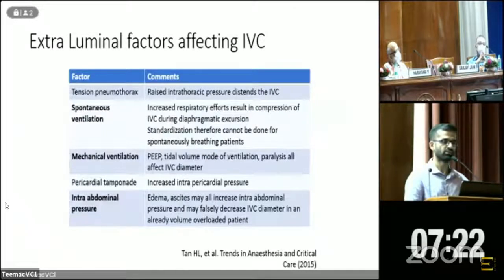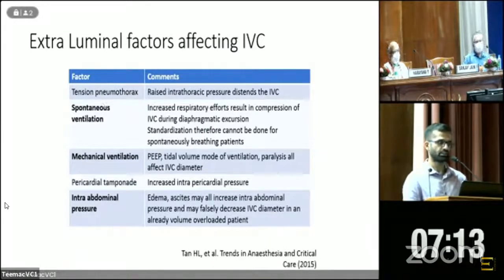And extraluminal factors. The most important among the extraluminal factors is the status of the thoracic cavity. A tension pneumothorax would increase the intrathoracic pressure and falsely distend the IVC. The status of ventilation, be it mechanical or spontaneous, determines whether the IVC is going to be distended or collapse.